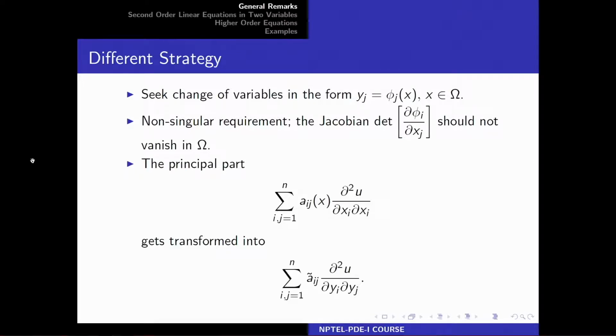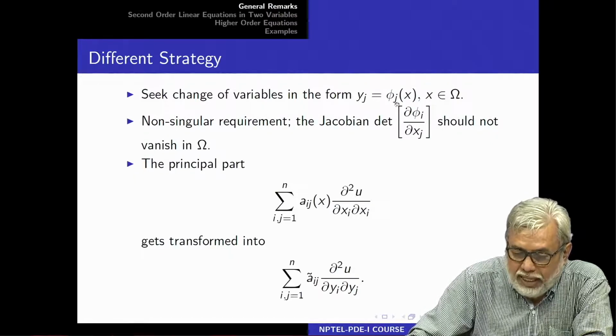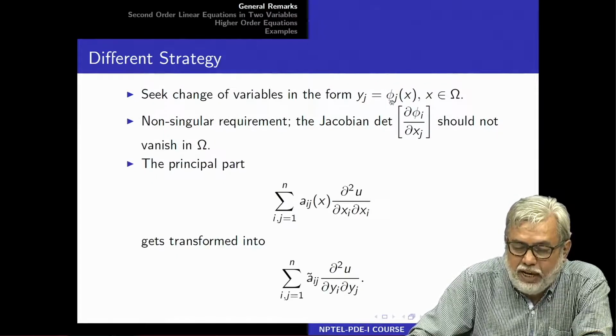So, do not look for a linear change of variables, but now look for some functions. The change of variable from the x variable to the y variable, y_j = phi_j(x). So, we seek some functions phi_j.